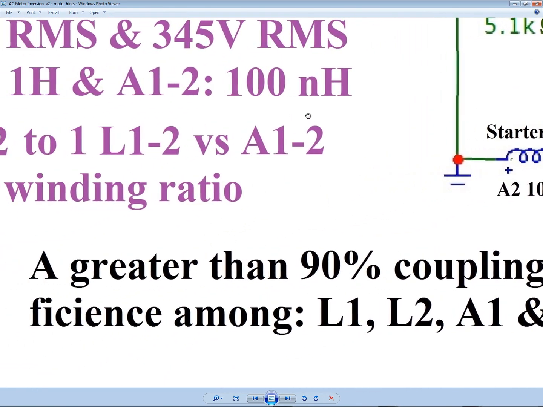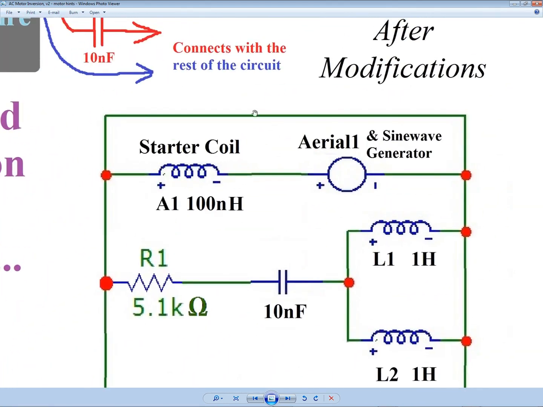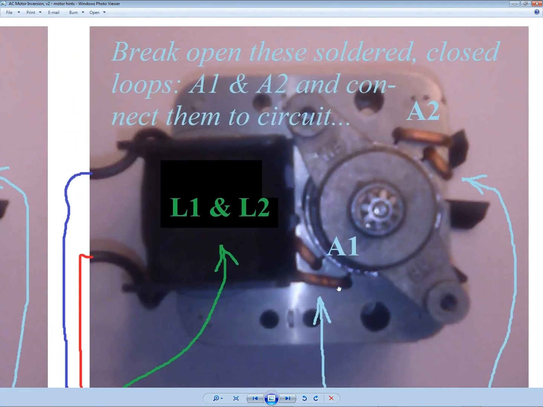Now, the coupling coefficient has to be 90% or greater among all four coils. So their ability to transfer magnetic energy between each other through the laminate layering has to be so efficient that the coupling coefficient, if you're an engineer and know how to calculate it, has to be 90% or greater in order for this concept to work.